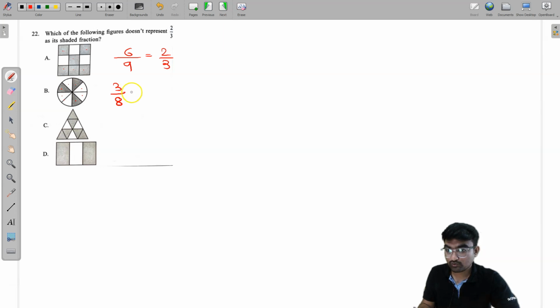So it's not 2 by 3, but let's check the other options as well. 1, 2, 3, 4, 5, 6, 7, 8, 9. So in total there are 9 shapes. 1, 2, 3, 4, 5, 6. So 6 by 9, again 2 by 3. And again this is visually 2 by 3. So the only option which does not represent 2 by 3 is option B.